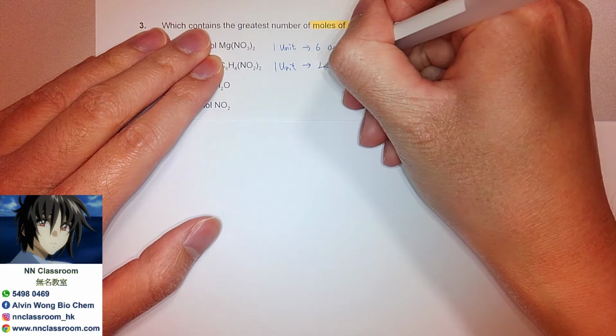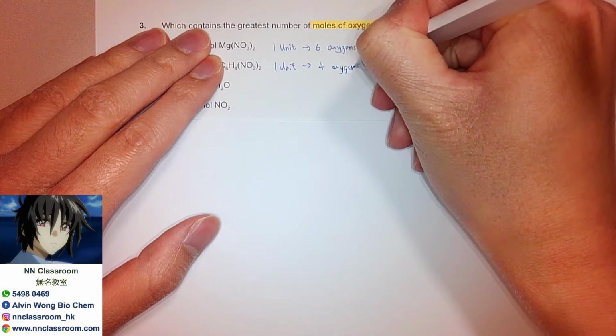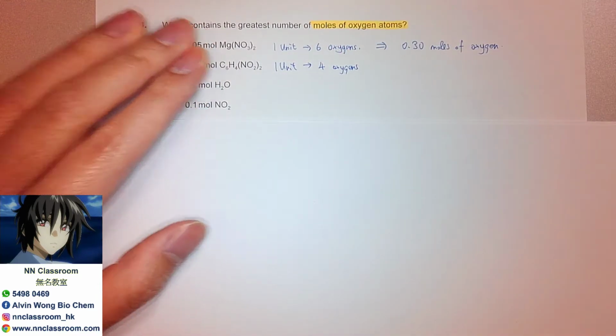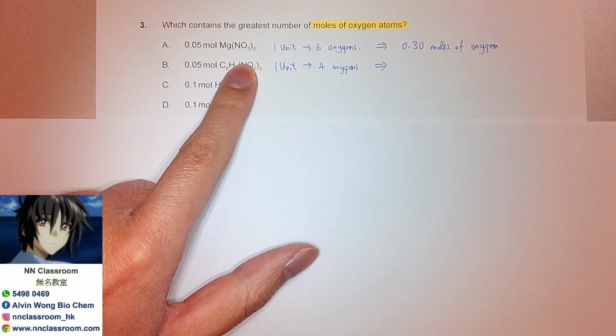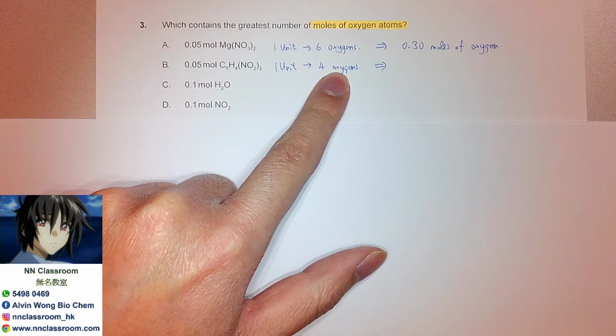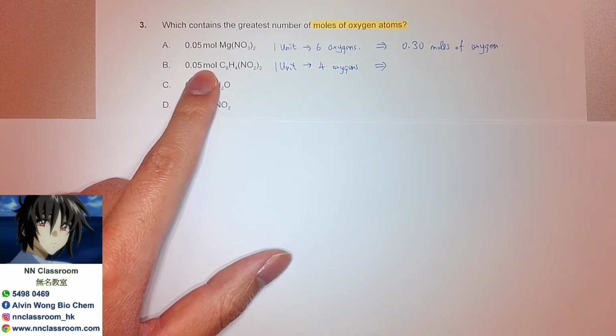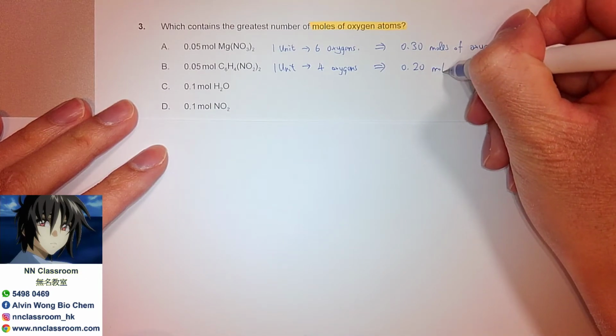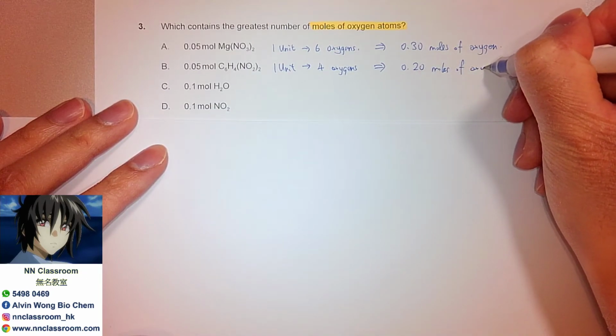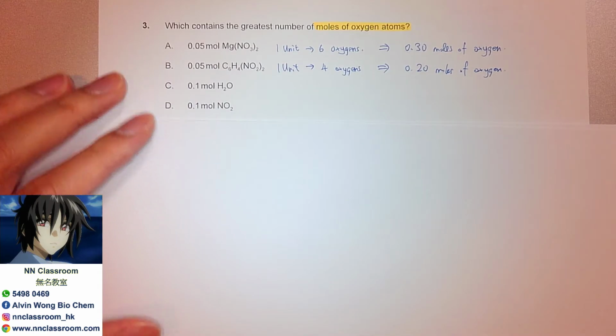So all in all, we get 4 oxygens, simply multiplied together. So given 0.05 moles of this entire thing, and 1 entire thing contains 4 oxygen, we get 0.05 times 4, so that will be 0.2 moles of oxygen. So A is going to be higher.